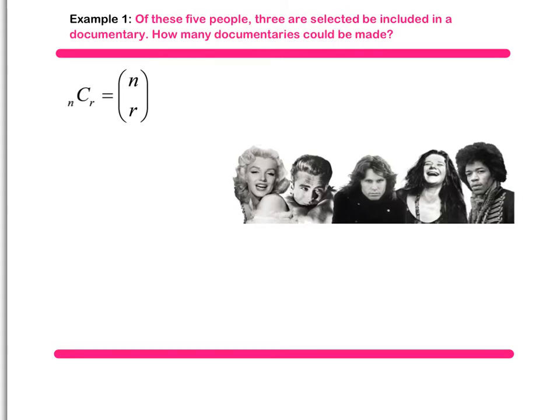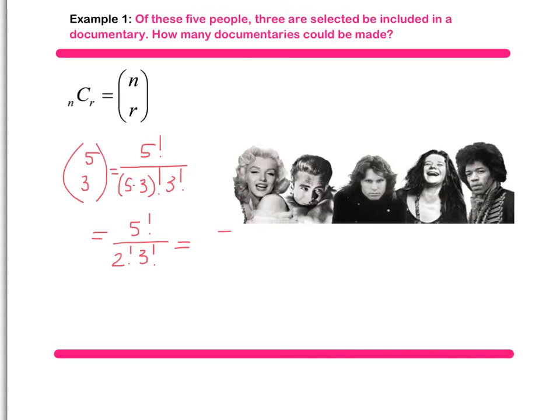So we would use the formula n choose r. We have 5 people and we're choosing 3 of them. So 5 choose 3. In that case, we would have 5 factorial over 5 minus 3 factorial times 3 factorial. So that's 5 factorial over 2 factorial times 3 factorial, and I'll show the longhand work for this one.